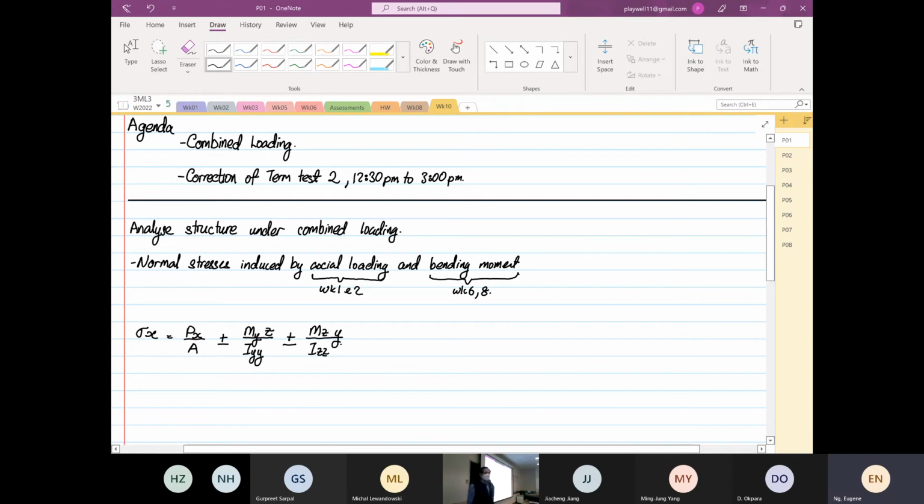This looks familiar to all of you now. The first term is under axial loading, and the second and third terms are due to bending moment.